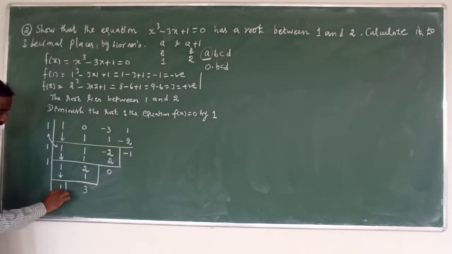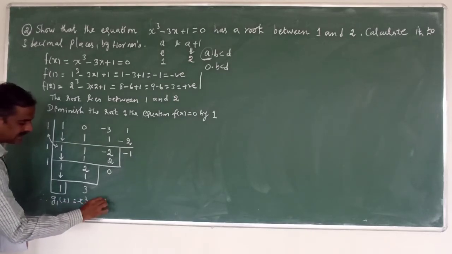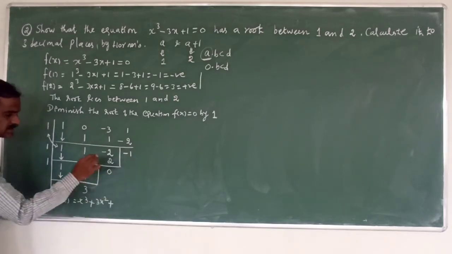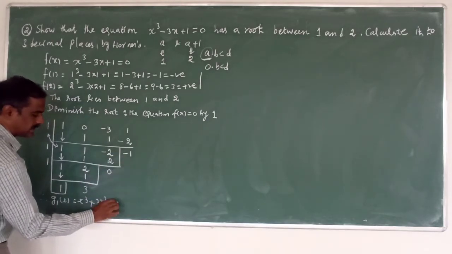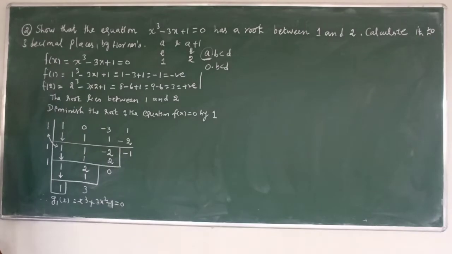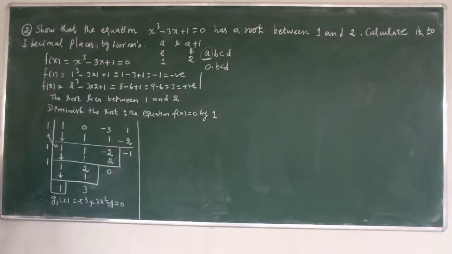Now we can write the equation, that is g1 of x equal to x cube plus 3 x square plus 0 x minus 1 equal to 0.